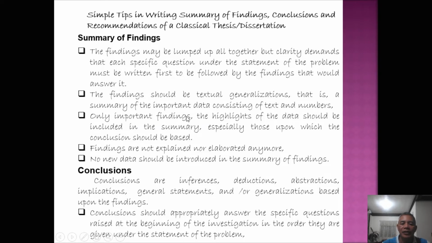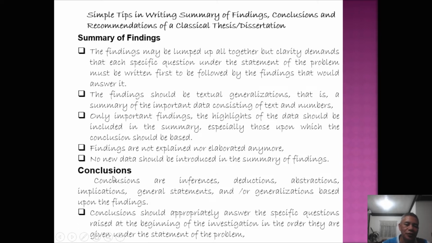Only important findings, the highlights of the data, should be included in the summary, especially those upon which the conclusions should be based. Findings are not explained nor elaborated, and no new data should be introduced in the summary of findings.